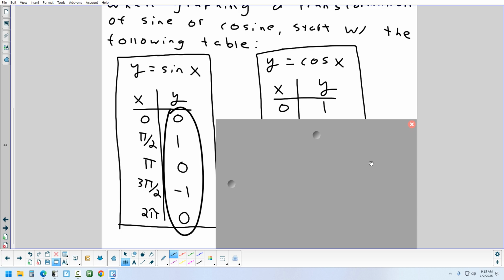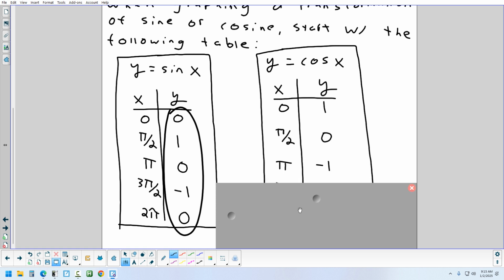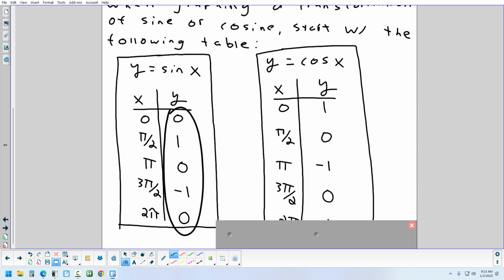So you'd have 0, 1, pi over 2, 0, pi, negative 1, 3 pi over 2, 0, and then 2 pi, you're back where you started. So those are the 5 initial values for cosine.